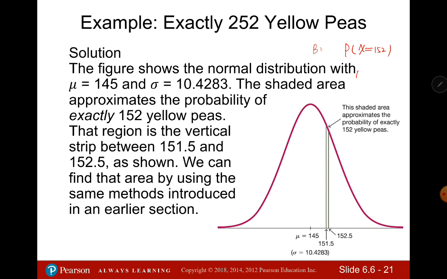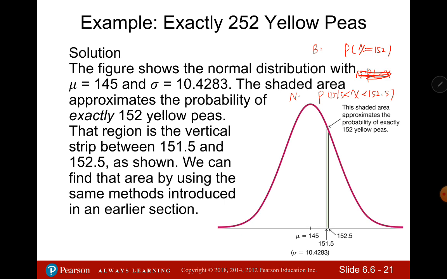If it's a single value, in the normal distribution we should convert it to the interval. I will write it here: greater than 151.5 to 152.5. So the single value is converted to an interval.